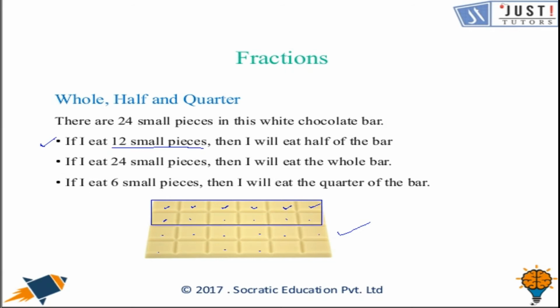If you eat the whole, that means you have eaten all 24 small pieces. Then you'll say that you have eaten the whole bar. Now if you eat 6 small pieces, you'll say that you have eaten a quarter of the 24 small pieces.